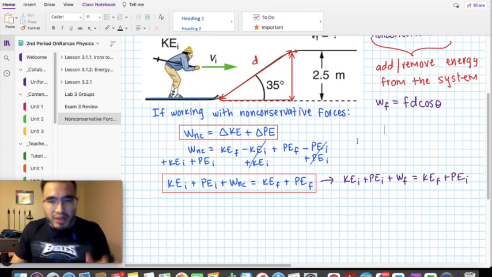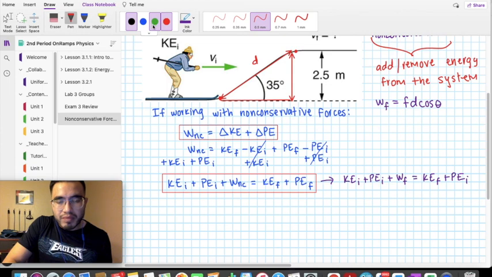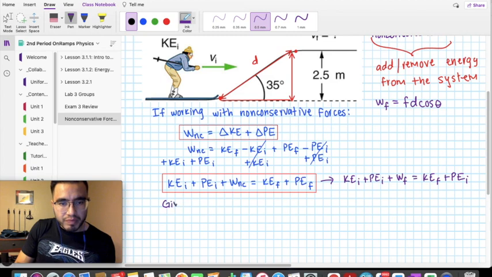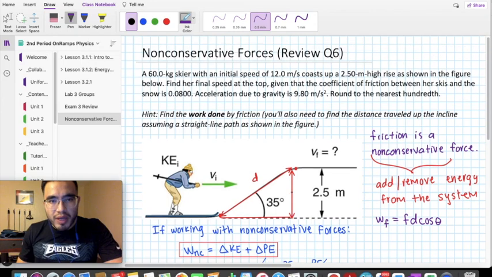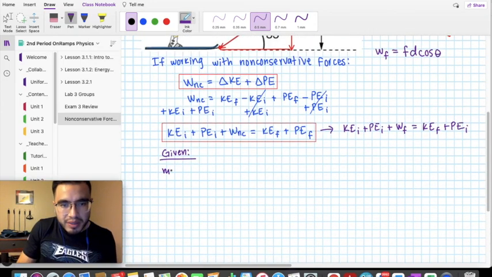Let's write down the given, that way we don't miss anything. Given: the person's mass is 60 kilograms.